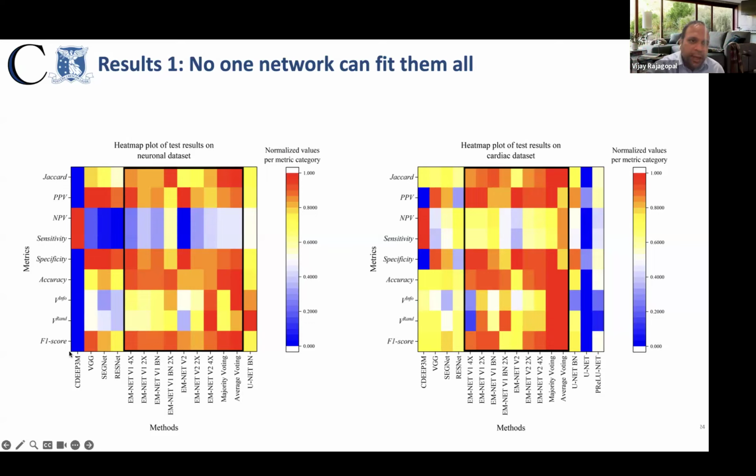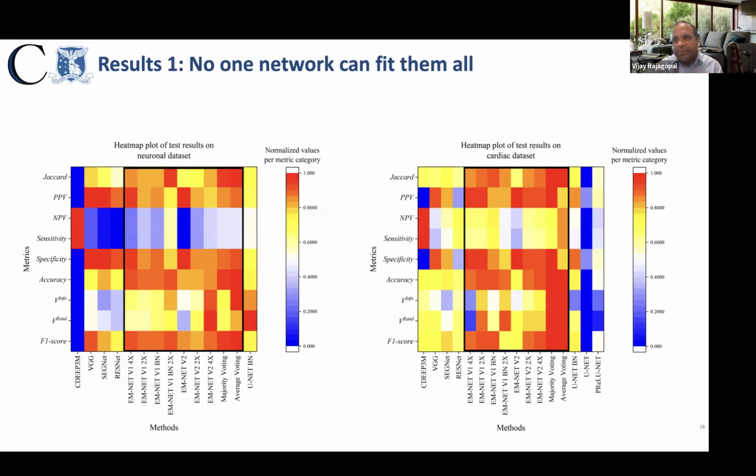If you look at CDEEP3M, it's mostly in blue, but it performs well with sensitivity. If you look at EMNet, it performs well, but it's really all across the board and kind of complicated. It basically shows you that there isn't one clear model that you can say is the best model.